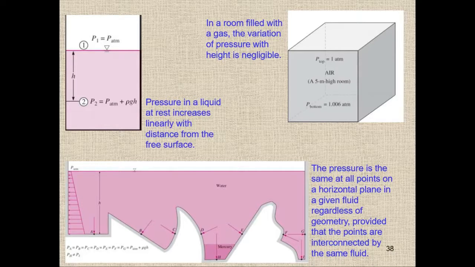So remember, we have three things to remember: the pressure will be same for the same liquid at the same horizontal level, while the pressure in a liquid will increase if we are going downside, or it will decrease if we are going upside from a reference point. And for gases, we normally neglect the pressure variation with respect to height. So we have to remember all these points.